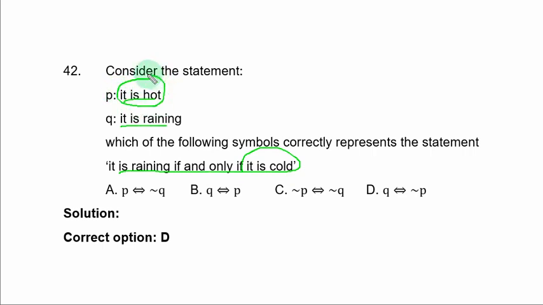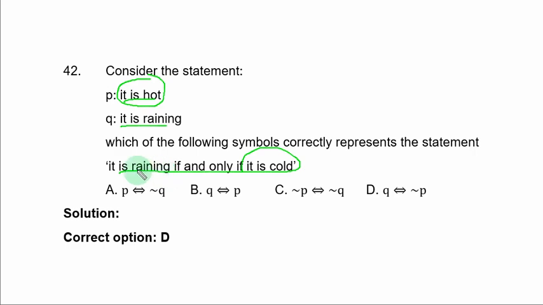So use the symbol for negation. Now from this statement you have Q, it is raining first, so Q must come first. If and only if, make use of the double headed arrow.